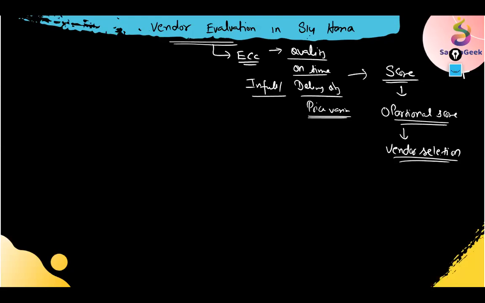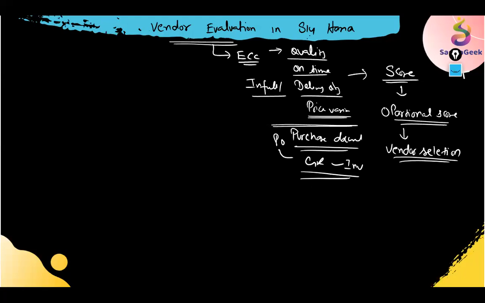And the data for these scores is already available in your purchase documents. From the purchase order, from the GR, from the invoice, and from your inspection lots, from your GRs and the purchasing documents, you can get all the data, and based on that, you can calculate your operational scores.